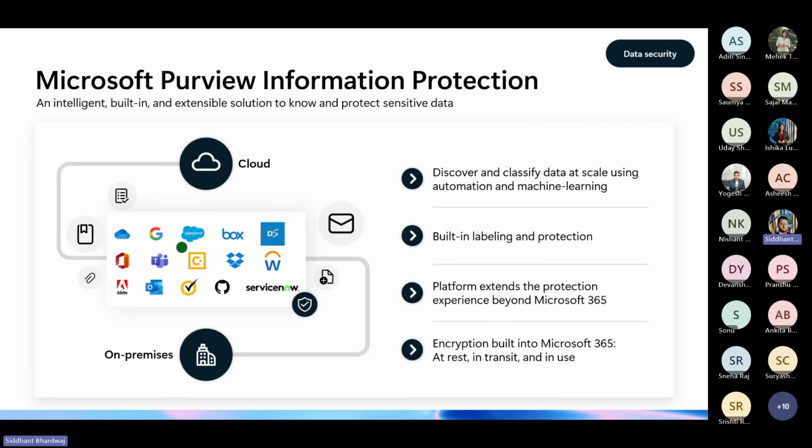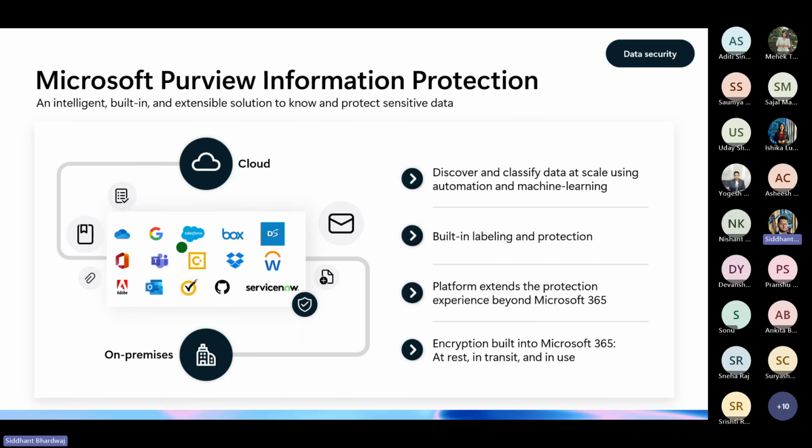It extends far beyond your M365. It extends into your Google, your external GitHub, GitLab, your Adobe, your Dropbox, and your Salesforce. All are covered within Information Protection. Plus, this is the part where we actually comply with a lot of requirements.